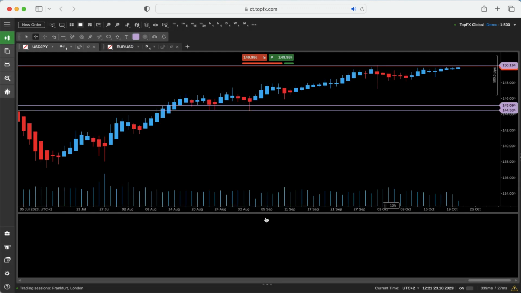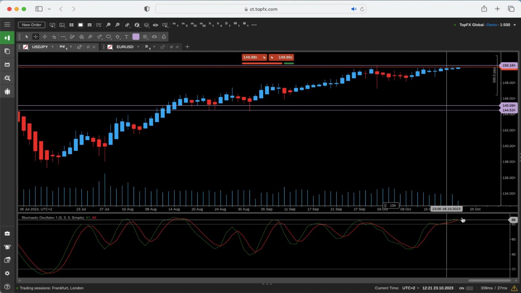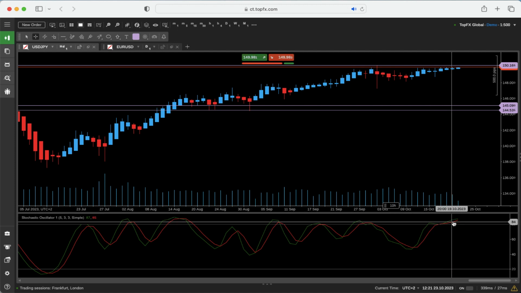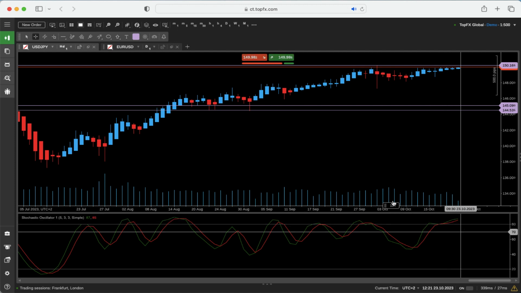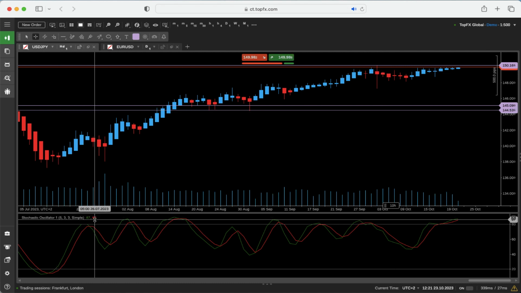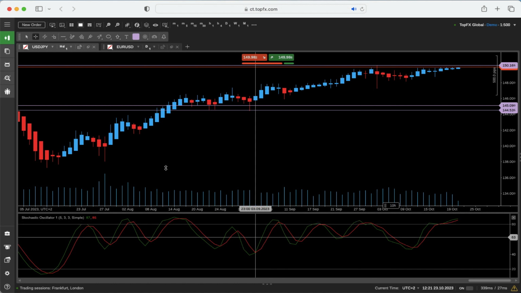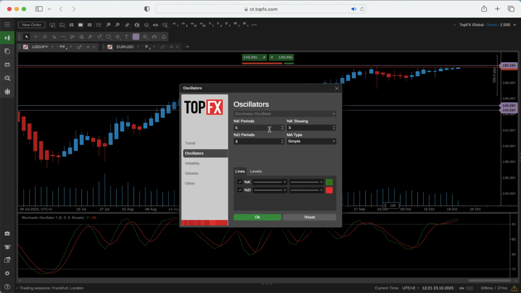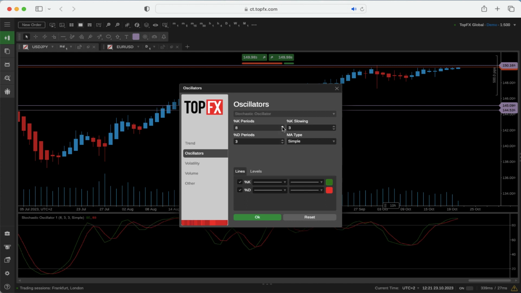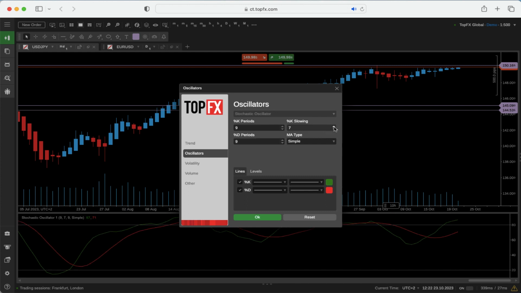Let's say it will be like this, and you can see that this market is extremely overbought. Yeah, if we change the settings in this oscillator, right? So if we want to make it a little bit longer, the K period will be 9, the D period will be, let's say, 9, and the K slowing will be 21.